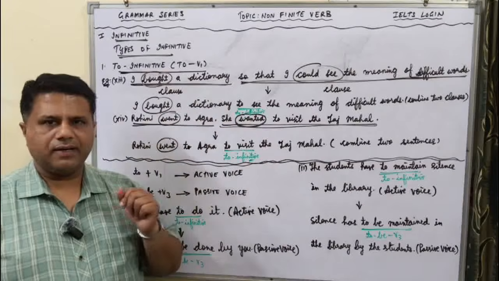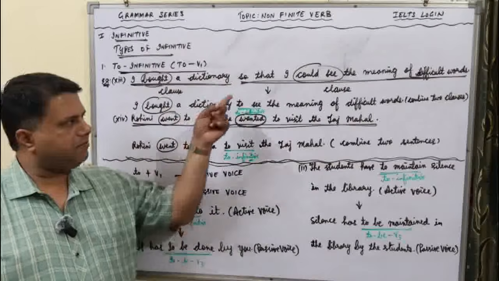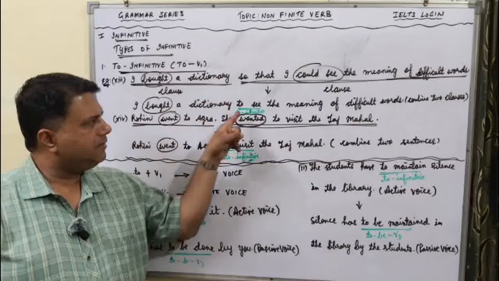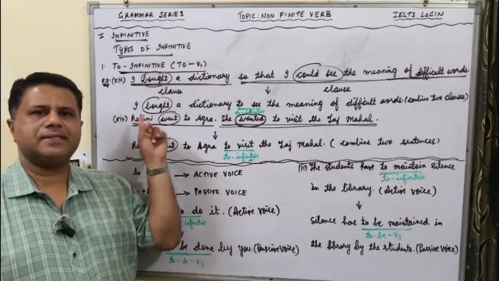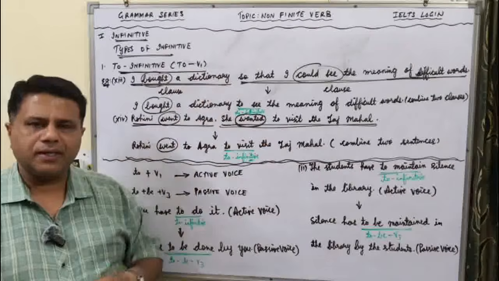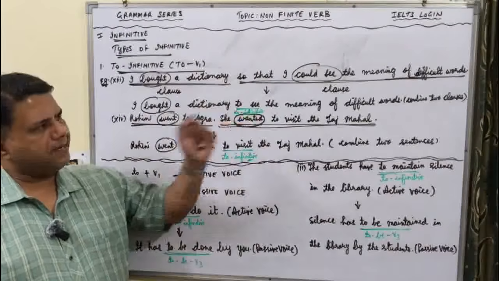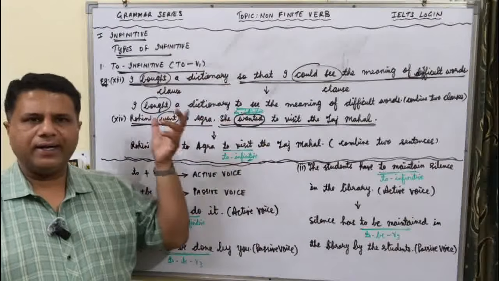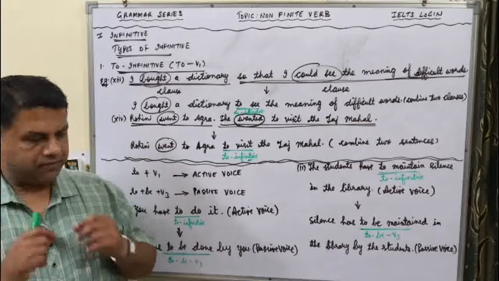Children, please notice one interesting thing here. Here two clauses are there, but when we join the two sentences with the help of to infinitive, only one clause is left in the sentence. So we have changed the complex sentence into a simple sentence with the help of to infinitive. So we can join two clauses into one with the help of to infinitive.